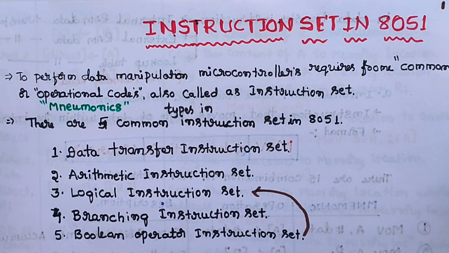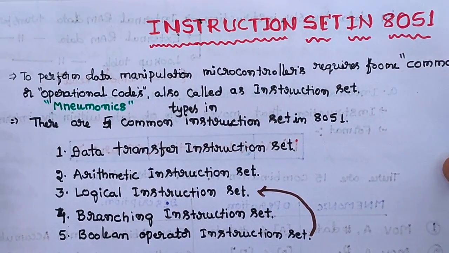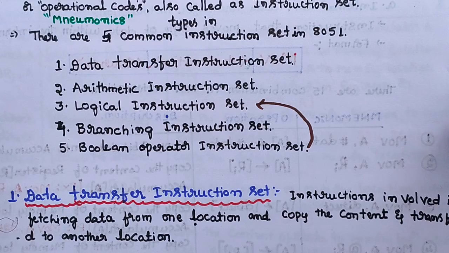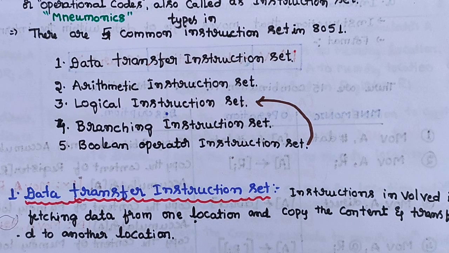So first we'll discuss the data transfer instruction set. As I already told, the data transfer instruction sets or mnemonics are involved in fetching data from one memory location and copying that content or transferring it to another location.